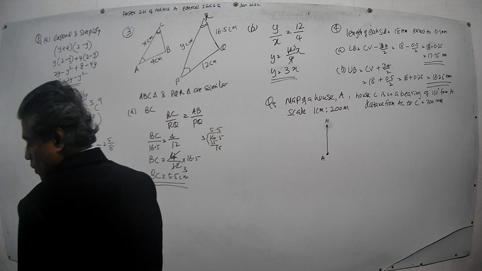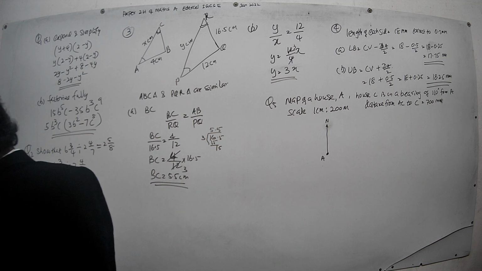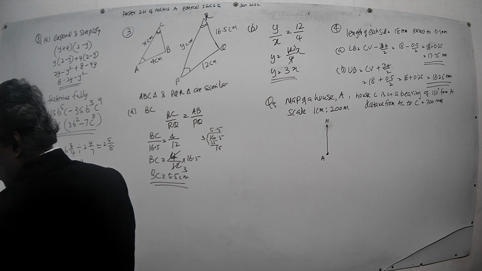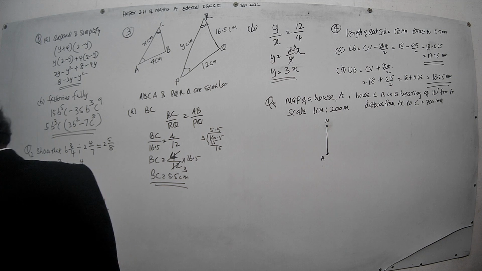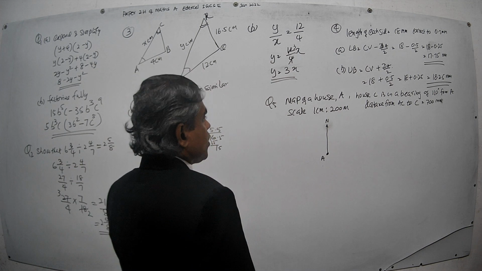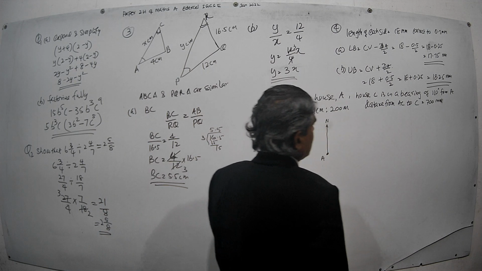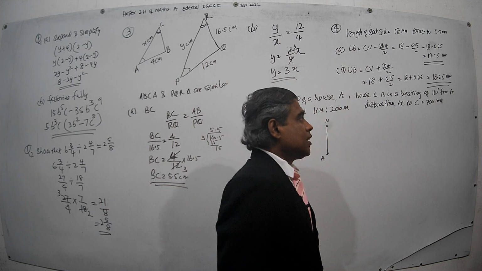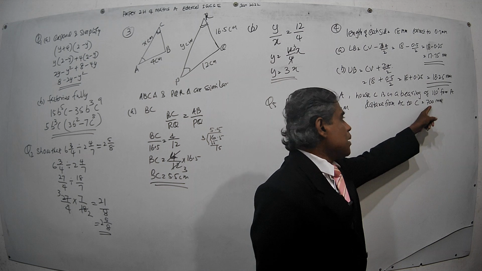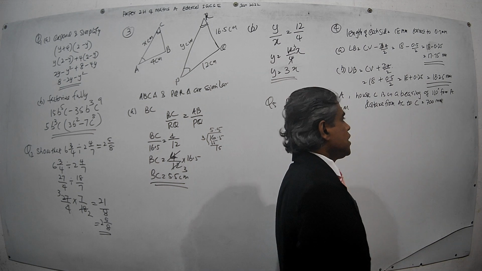Now you are asked to mark the position of C on the diagram with a cross and label it. First of all, we have to maintain this distance. The distance is 700 meters.